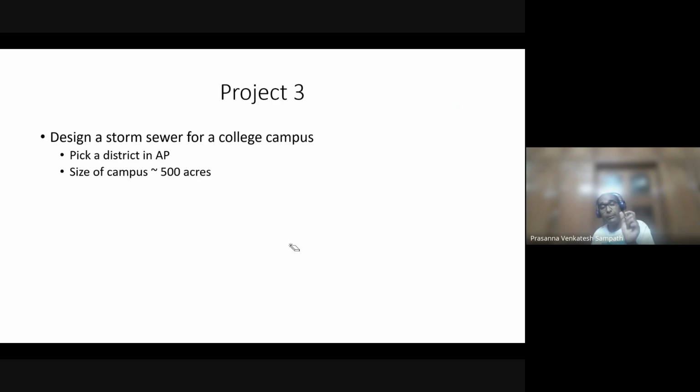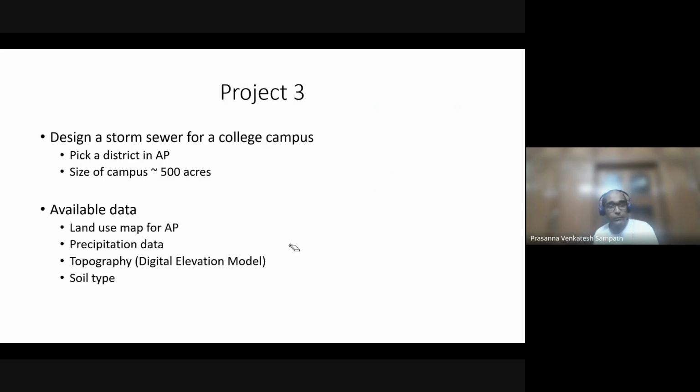Now, picking this location of the campus is going to be an interesting exercise. The data that you will be provided for this project is the land use map for Andhra Pradesh. I'll show you what the land use map looks like. And then you'll also be provided the precipitation data.